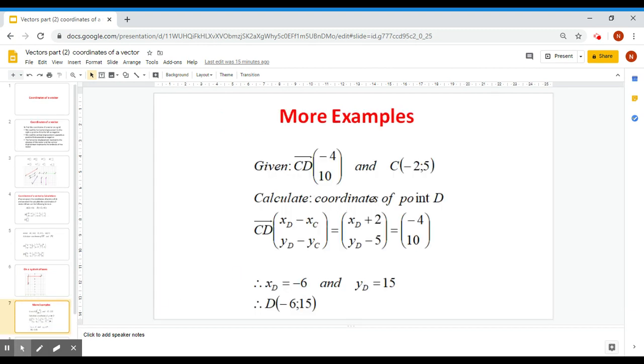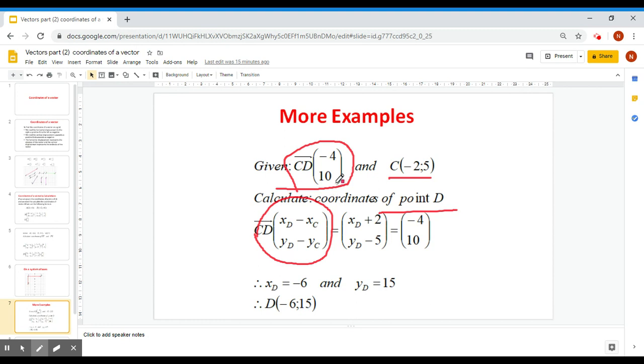Now, in this example, I am given the coordinates of vector CD and the coordinates of one of the points. I need the coordinates of point D. So I put the formula for the coordinates of vector CD.